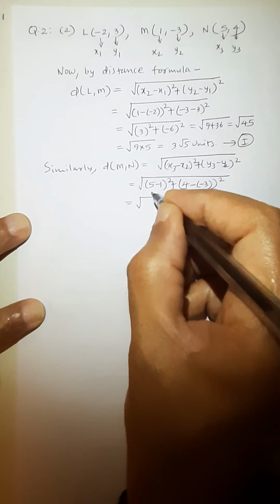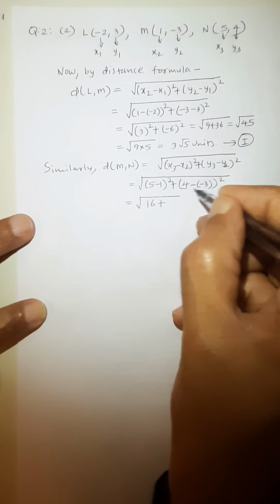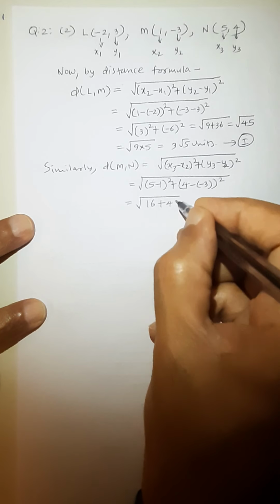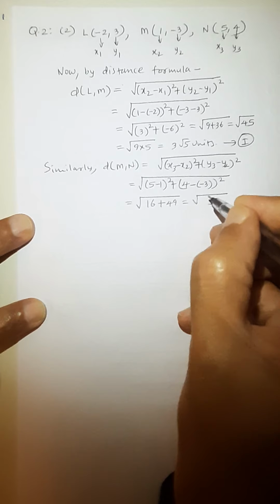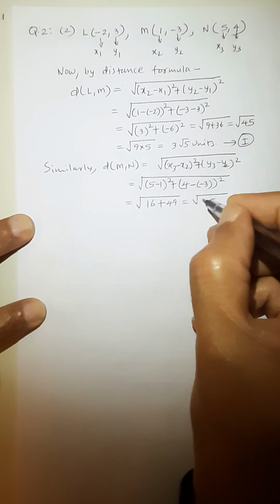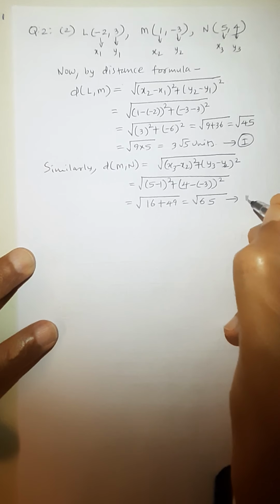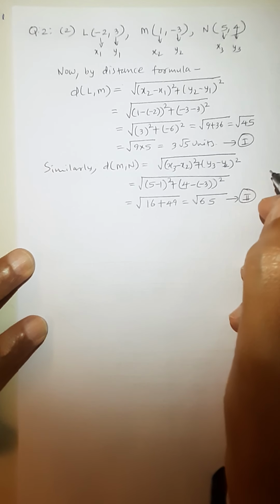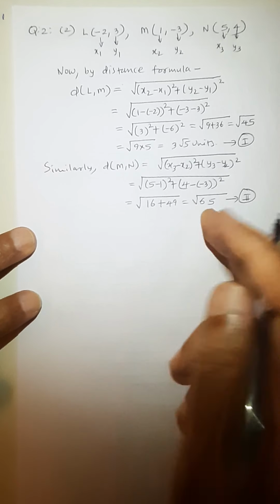So what is this? 4 squared, that is 16. I am directly writing now. And 4 plus 3 is 7. 7 squared is 49. 49 plus 16 is 65. Can we split 65? No. 13 5s are 65, but 13 and 5 are both prime numbers, so we cannot convert this into a mixed surd.